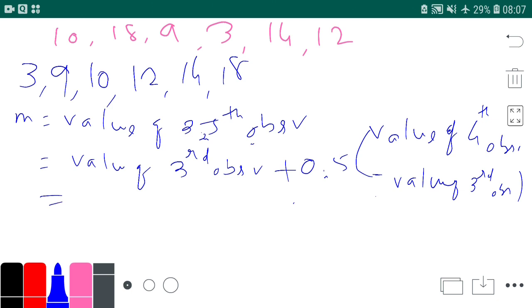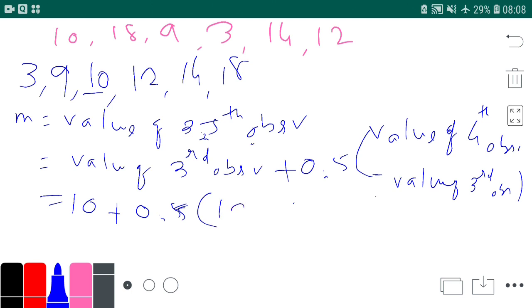Okay, now let's solve this. What is the value of the third observation? 3, 9, 10. The third observation is 10. So let's take 10 plus 0.5 into. What is the value of the fourth observation? You can see 1, 2, 3, 4.